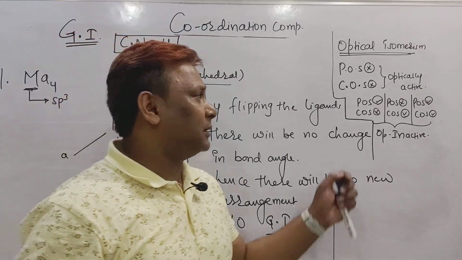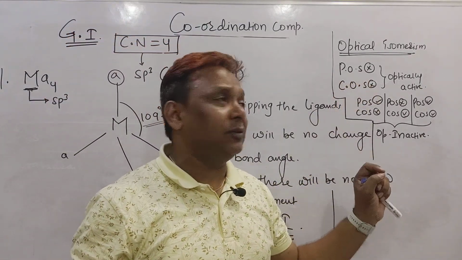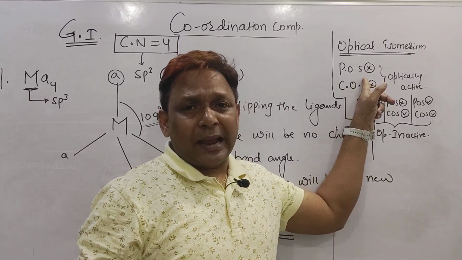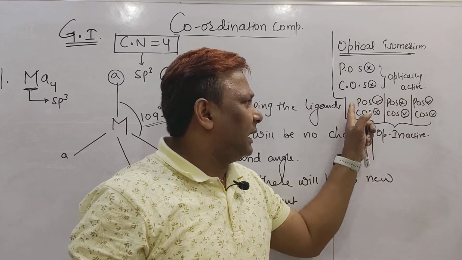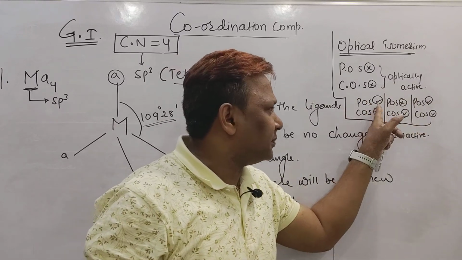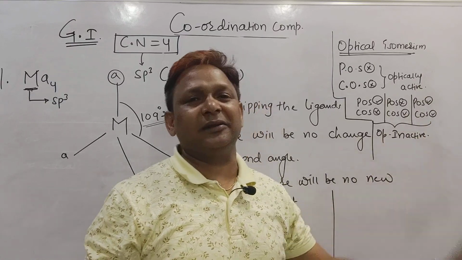Anyhow, I will give an example, beta, of how to identify POS and COS. But at present I will tell you: if plane of symmetry absent and center of symmetry absent, the compound is optically active. If anyone is present, or both are present, the compound is optically inactive.